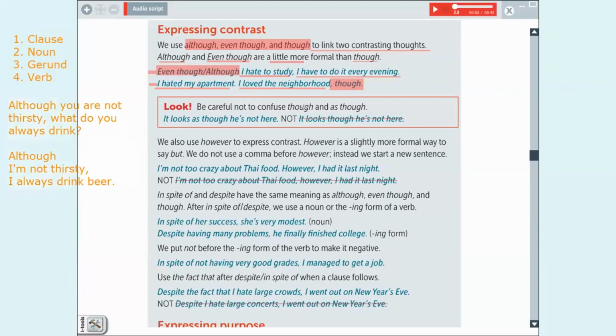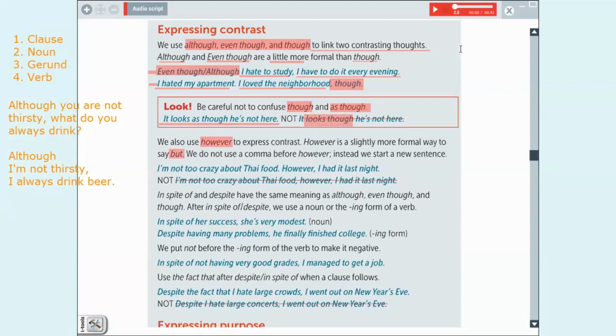Now, if we continue, be careful to not confuse though and as though, because as though is a comparative form. It looks as though he's not here. However, it's also used for contrast. However, it's a slightly more formal way to say but.